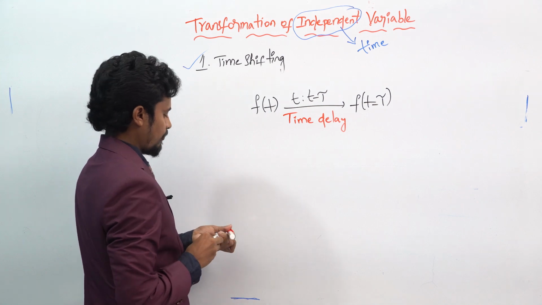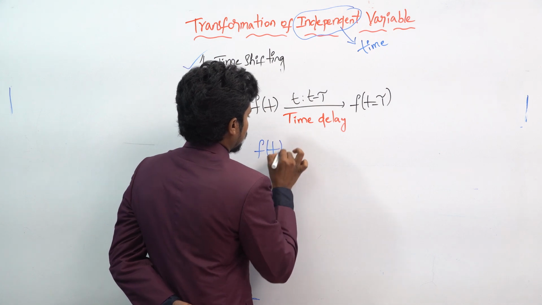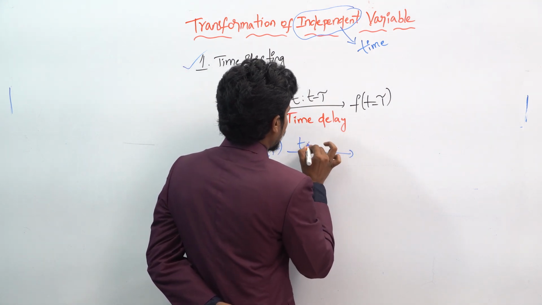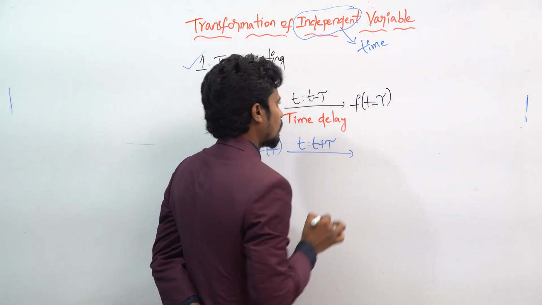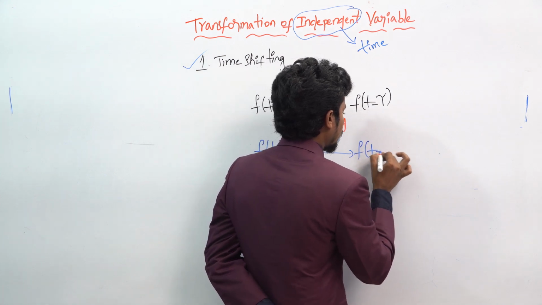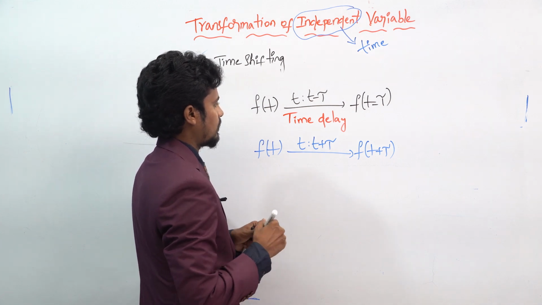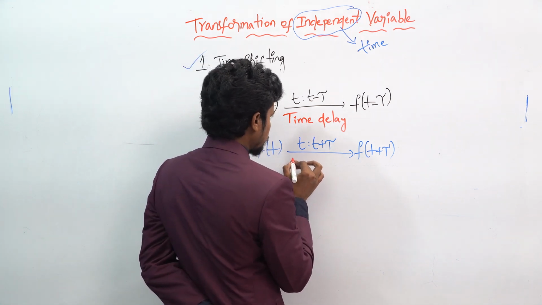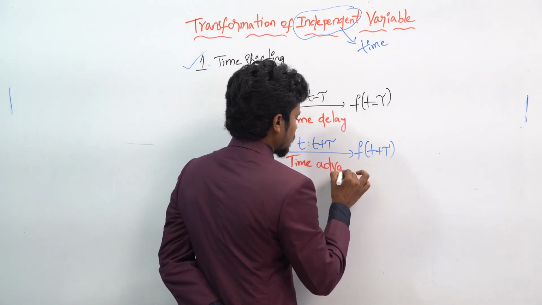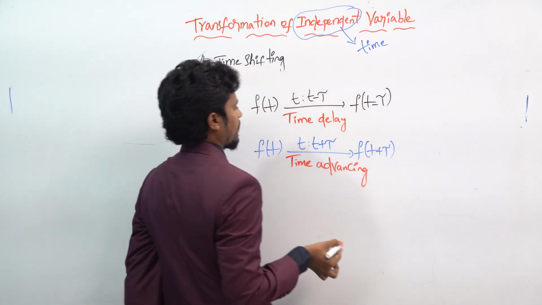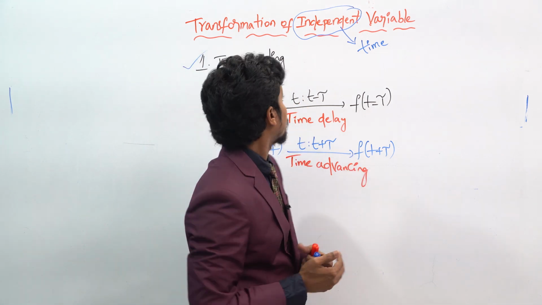Similarly, if you take f of t and in place of t you put t plus tau, this becomes f of t plus tau. This is said to be the time advancing. And now let's see some questions based on this time shifting.